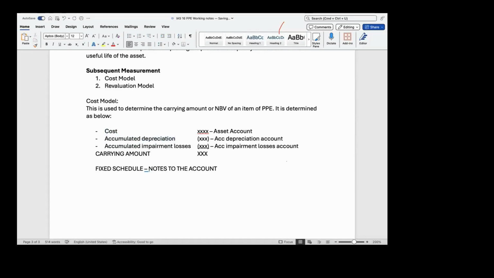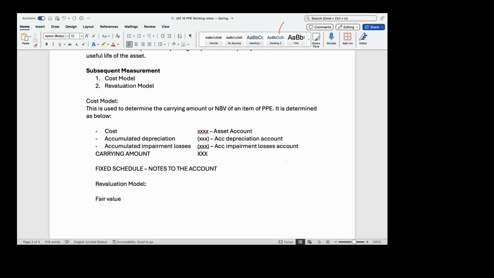Let me quickly show you the second model that helps in determining our carrying amount. Okay, this model is also used to determine carrying amount. And the way this works is as below.